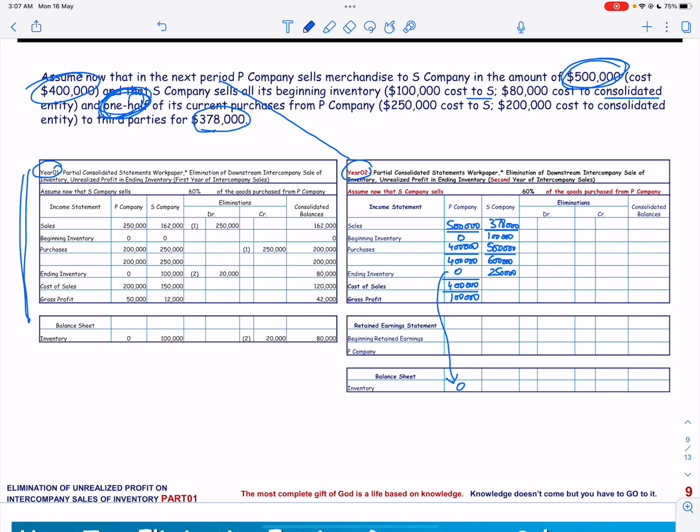So the cost of sales is 350,000. And the gross profit will be 28,000. Now, since S company is selling only 50%, the ending inventory will be 50% of 500,000, and that is 250,000. And this is recorded over here.